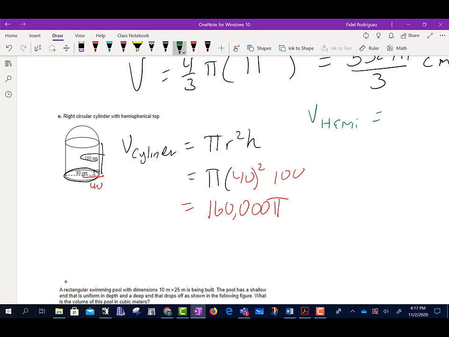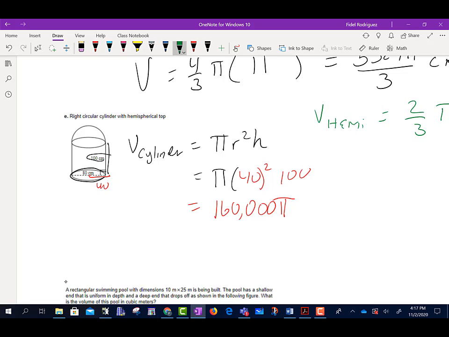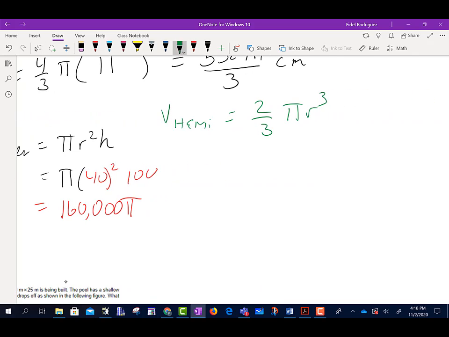If you remember from earlier, we said the volume of a hemisphere is 2/3 pi radius cubed. So the radius, again, right here, is still going to be 40. So I'm going to take 2/3 pi times 40 to the third.